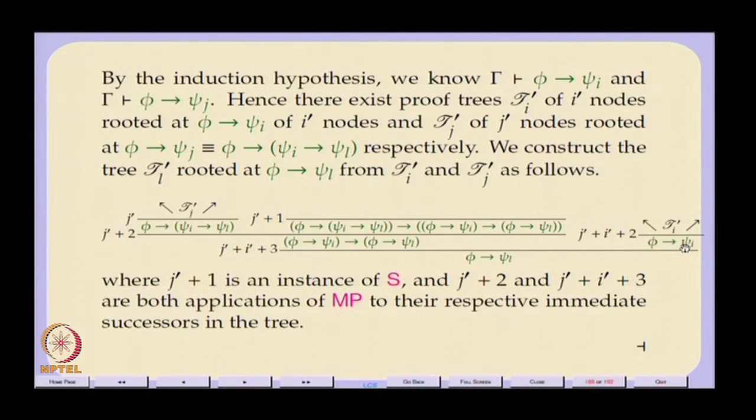So, the steps 1 to i prime I rename, I renumber them as j prime plus 3 to j prime plus i prime plus 2, and I have this root here, and these two steps essentially are instances where the modus ponens rule can be applied to yield phi arrow psi L, right. Is there anybody who followed it?